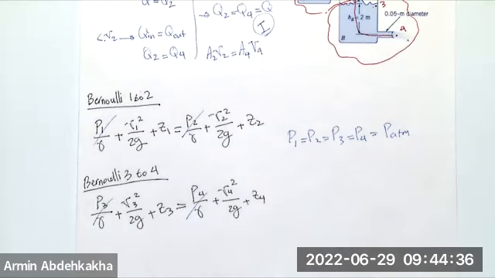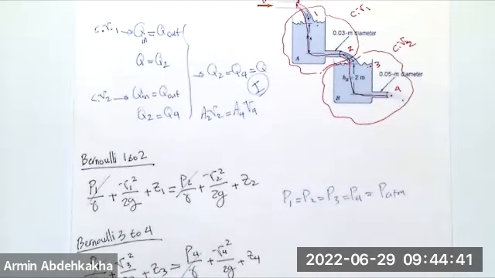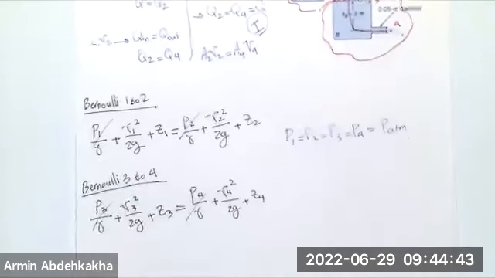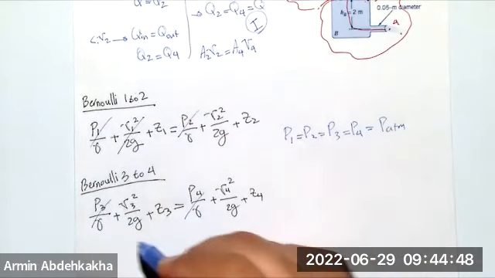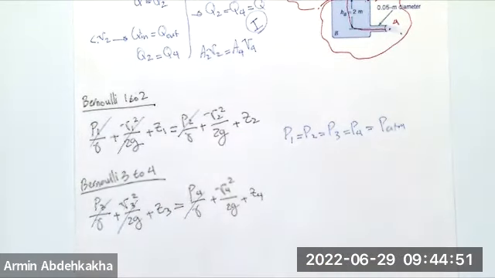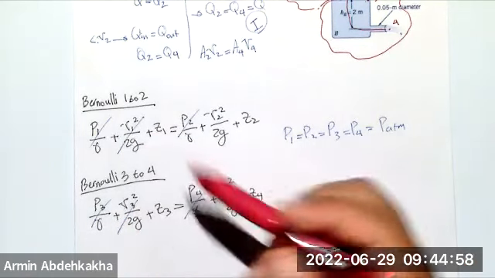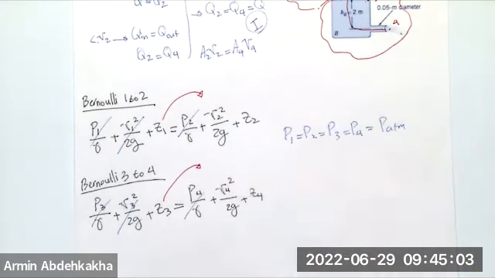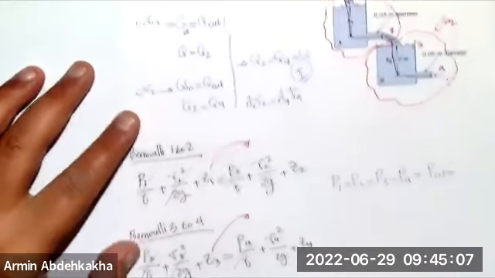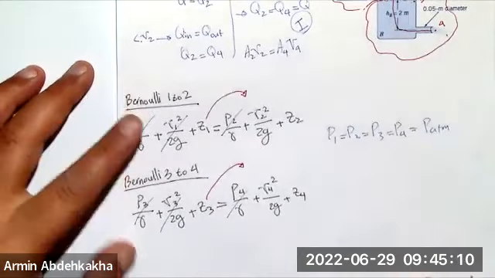What else I know? That at point 1 and point 3, the fluid is at rest, right? So if at this point the fluid is at rest, then I can say that this is 0 and point 3 is also 0, right? Okay. So since I have 0, 0, 0, 0 here, I will bring the Z to the other side, and rewrite the equation, okay?